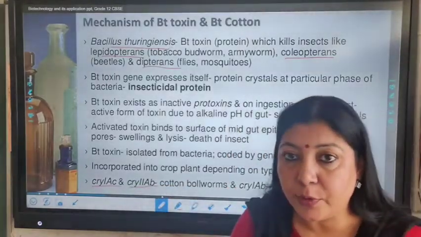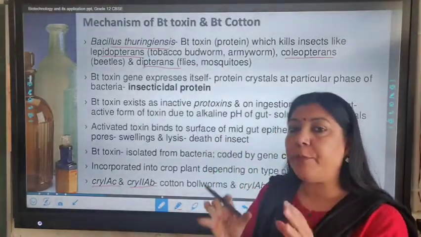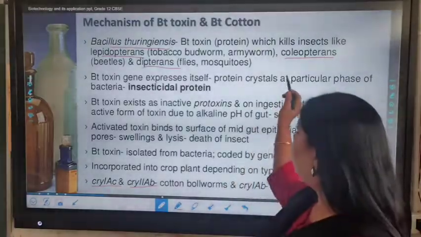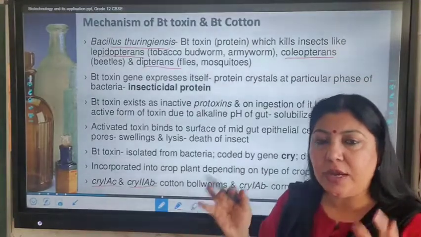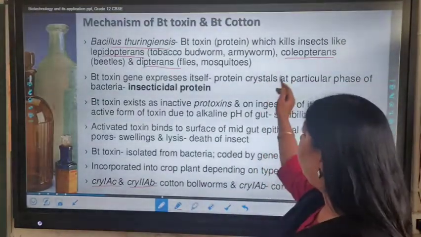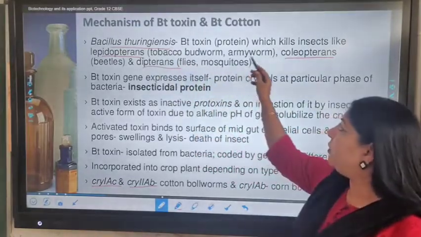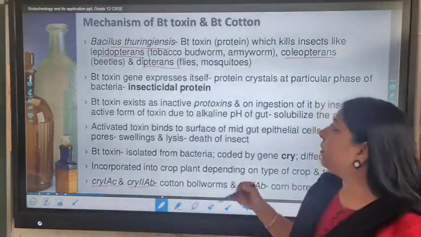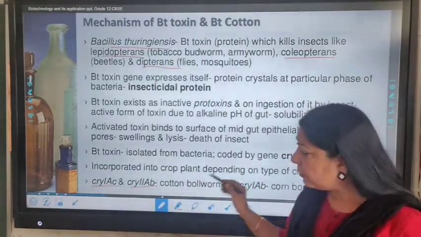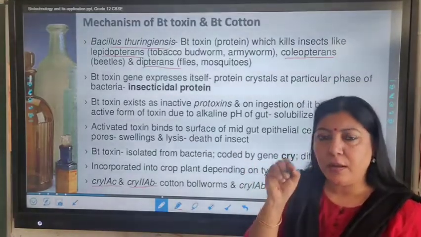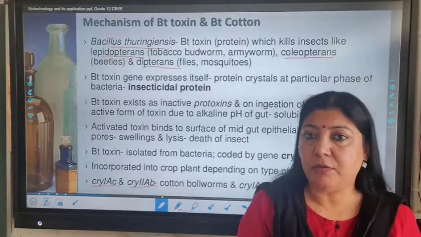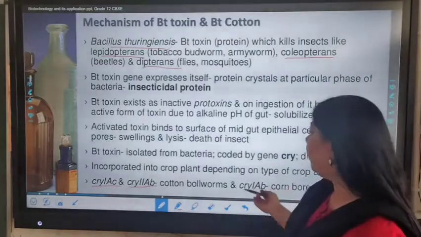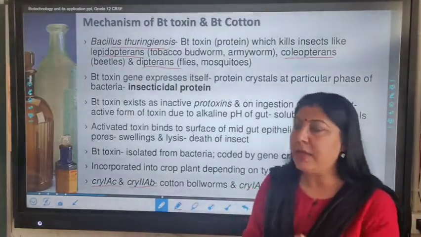This CRY stands for crystal protein. These are specific for specific groups of insects or pests. So whatever is specific for the particular pest we want to eliminate, we can use that specific type of cry gene to develop resistance.